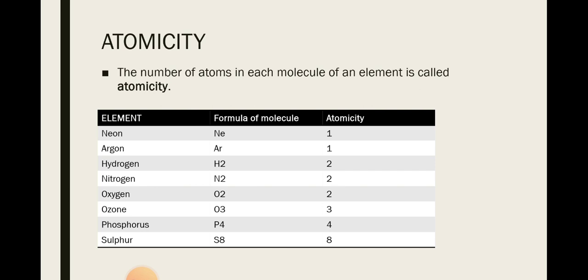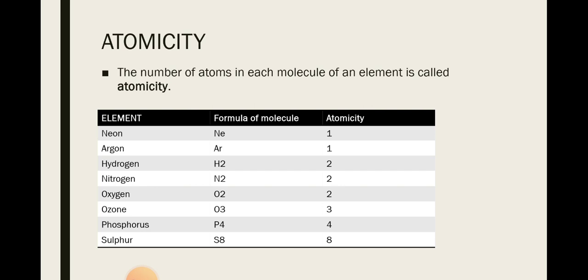Argon also is monoatomic. But if you look at hydrogen, nitrogen and oxygen, we have H2, N2, O2. All these are diatomic, meaning two atoms joined together. Ozone is triatomic.